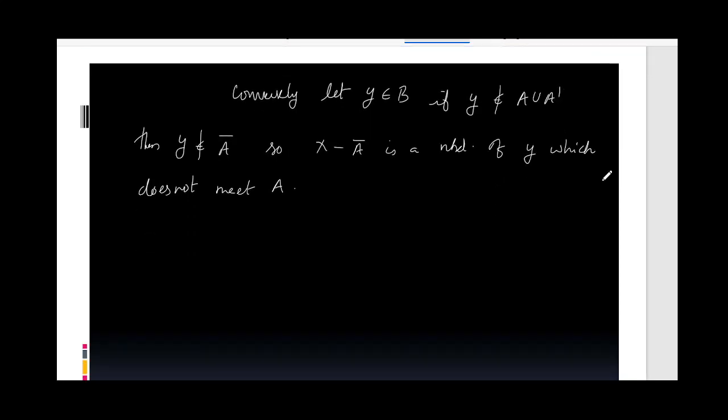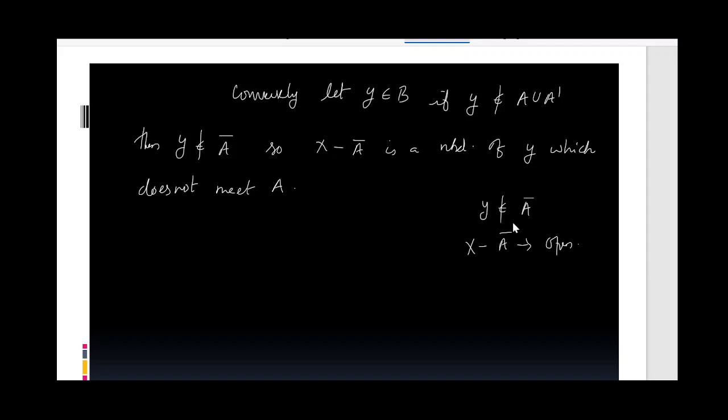Now, if this y does not belong to A union A dash, that means y does not belong to A closure, right? Since A closure is closed, X minus A closure is open.